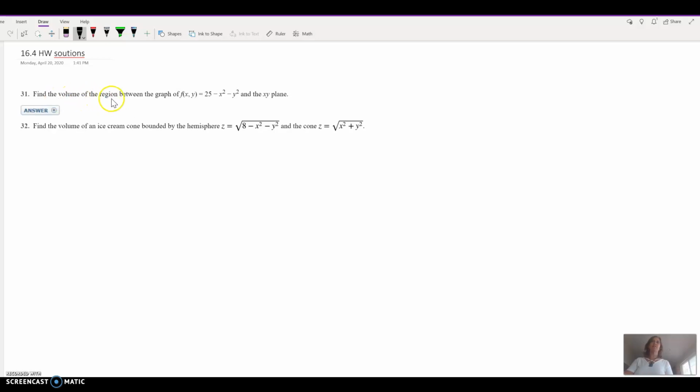So our idea is to find the volume of the region between the graph f of x, y equals 25 minus x squared minus y squared and the xy plane. Again, anytime we see volume, your first step is to think: I have two ways to do this. Which way is easier?